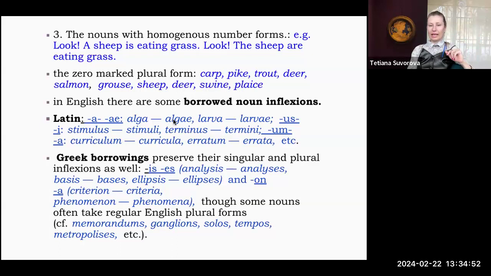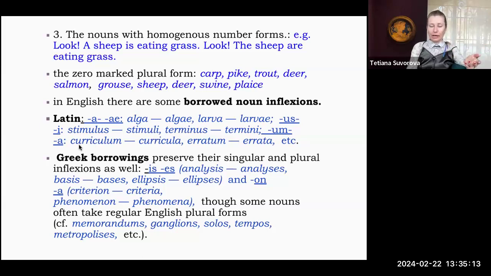For example, alga, algae, larva, larvae, stimulus, stimuli, terminus, termini, cactus, cacti. If we speak about cacti, everything is by analogy. Cactus, cacti, genus, genera. Easy, okay?